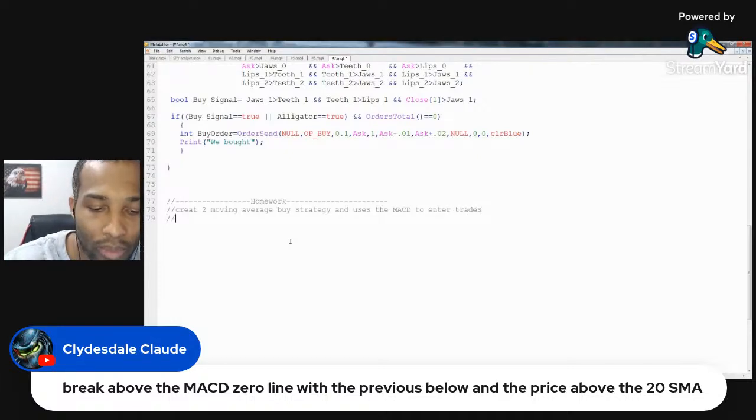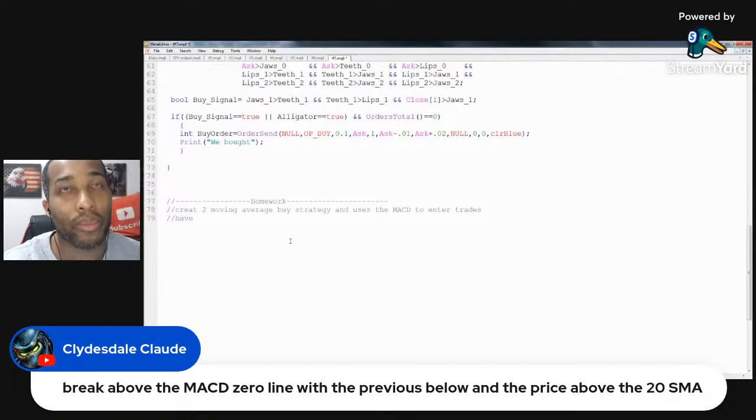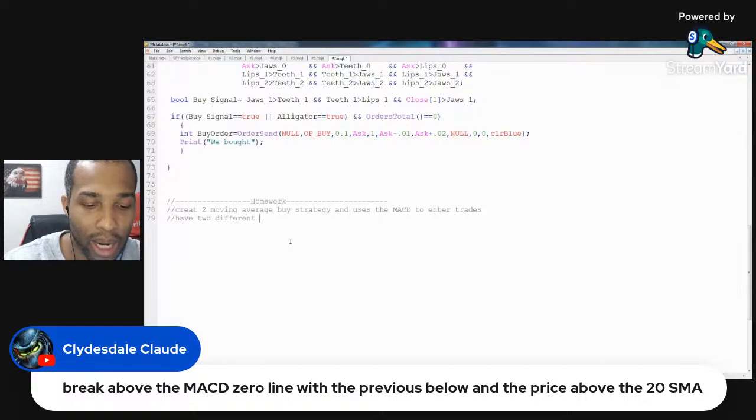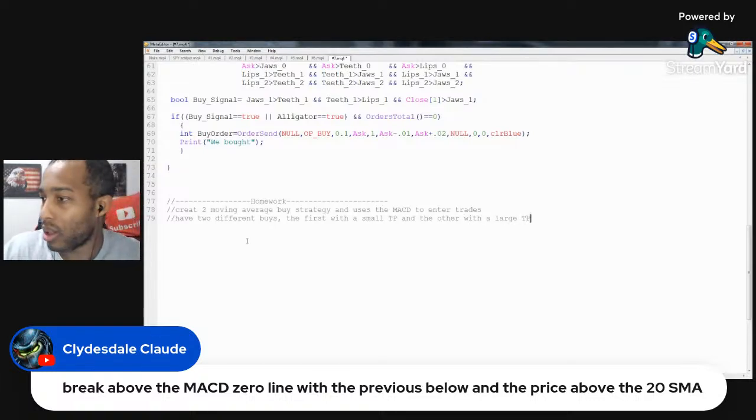Have 2 different buys. The first with a small target profit and the other with a large TP. That sounds like a fun homework.